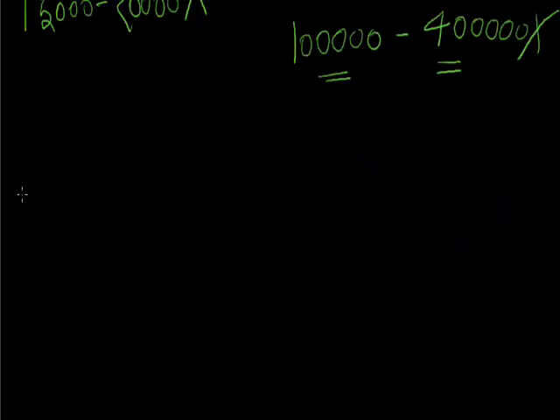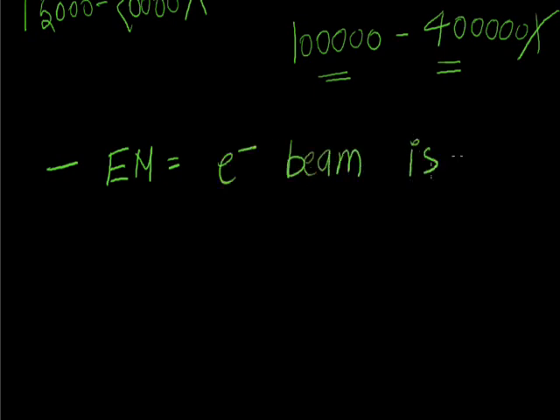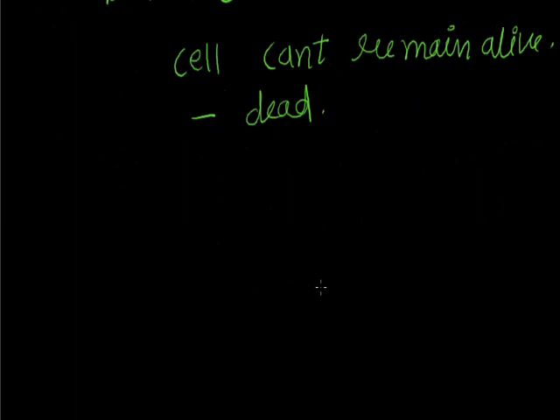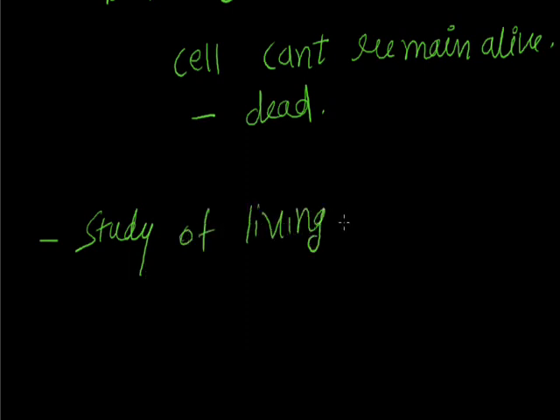Now, in electron microscopy, an electron beam is used so the cell cannot remain alive. The cell becomes dead. So the study of living cells can be done under a special kind of microscope.